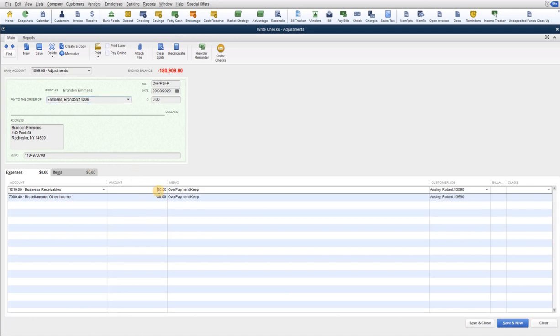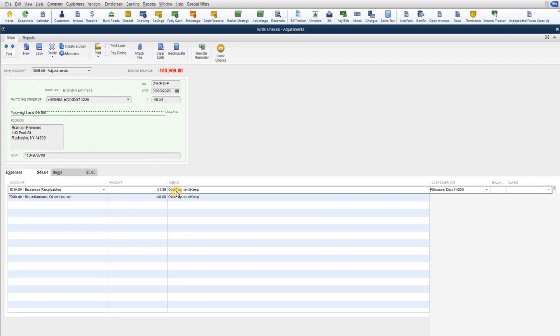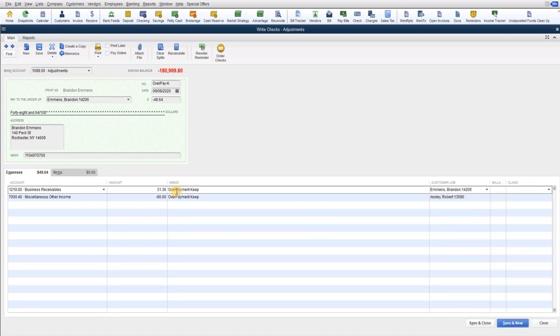And we want to put in the positive amount of $31.38, and it's going to be repair order number 14206, and we want to do the minus $31.38, and this is 14206 again. And so we have overpayment, and save and close.